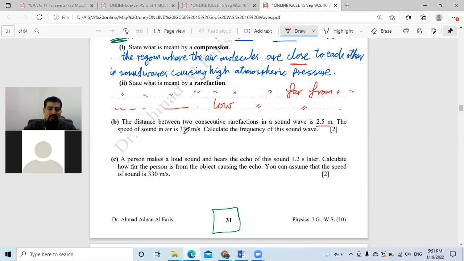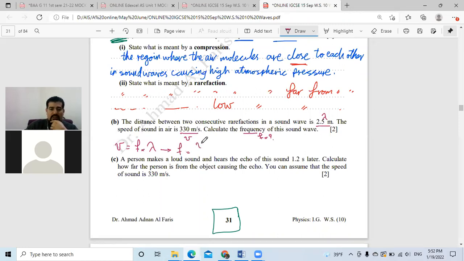The speed of sound is 330 meters per second. Calculate the frequency of the sound. Marwan, tell us what this 2.5 represents. What do we mean by lambda? Wavelength. So speed equals frequency multiplied by wavelength, and they ask about the frequency.